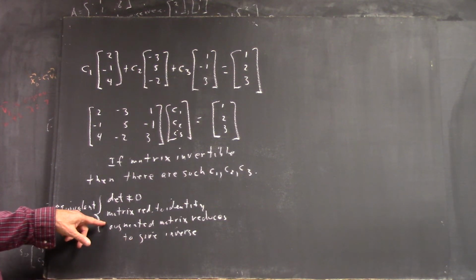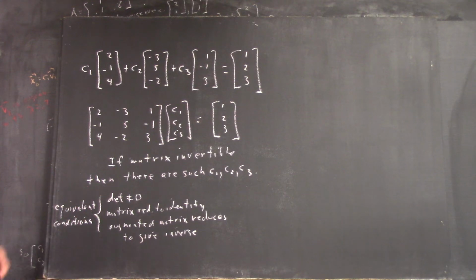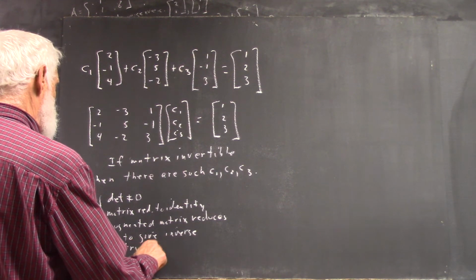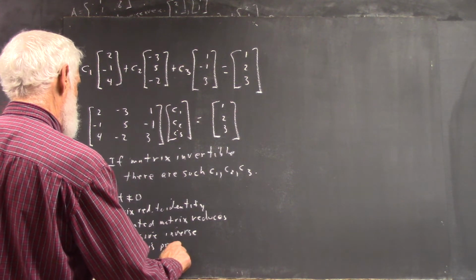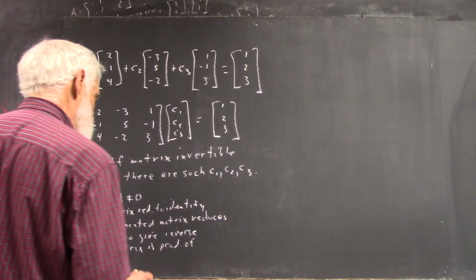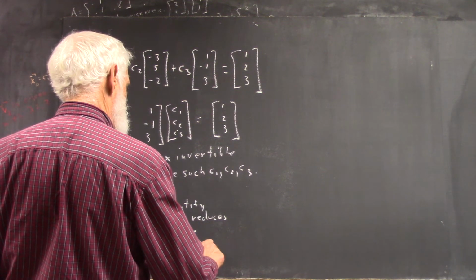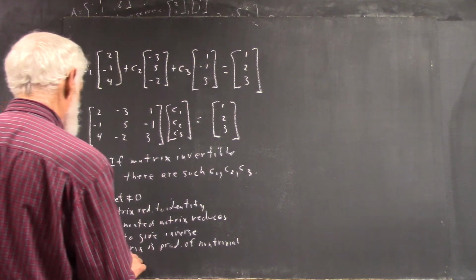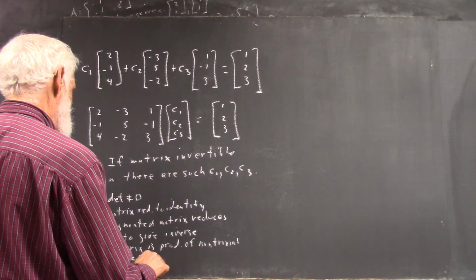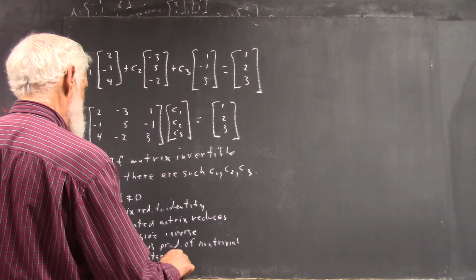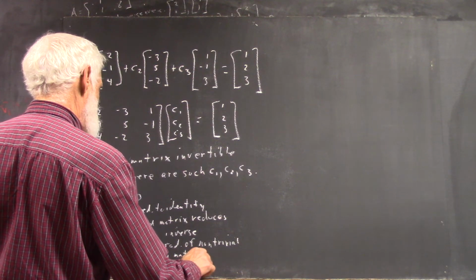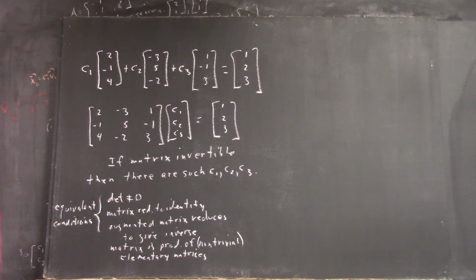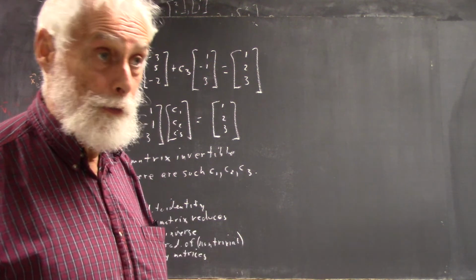The matrix reduces to the identity, the determinant's not zero, the matrix is a product of non-trivial elementary matrices. I put the word non-trivial in parentheses because it's an elementary matrix. It isn't trivial. Trivial means it's got all zeros.